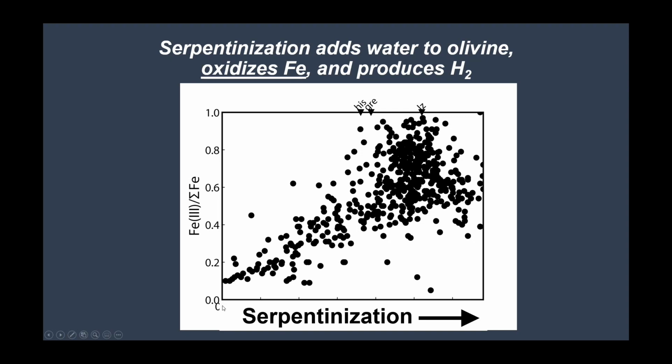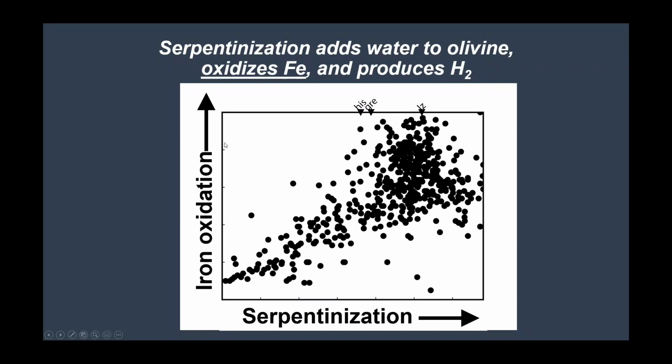As we go from 0% water or loss on ignition to around 13.5%, we go from 0% serpentinized to 100% serpentinized. And then on the y-axis, we're going from 0% oxidized iron to more like 60 to 90% oxidized iron. So that's the iron oxidation function.